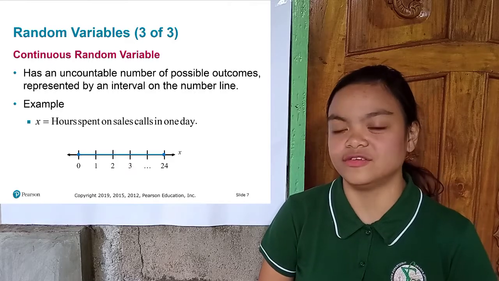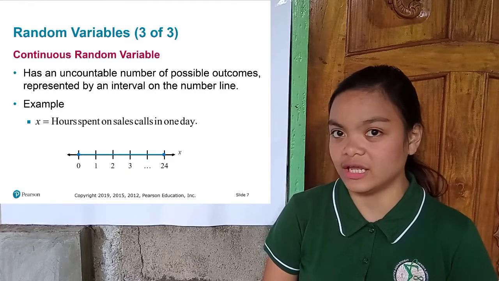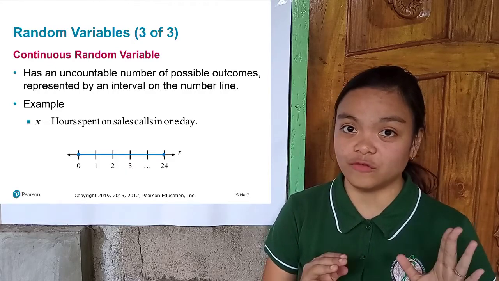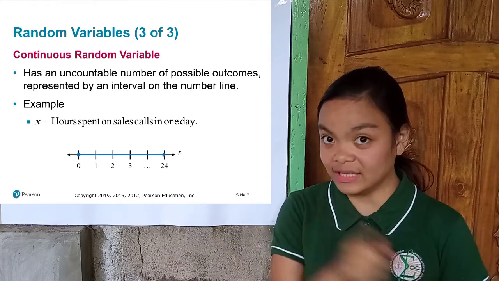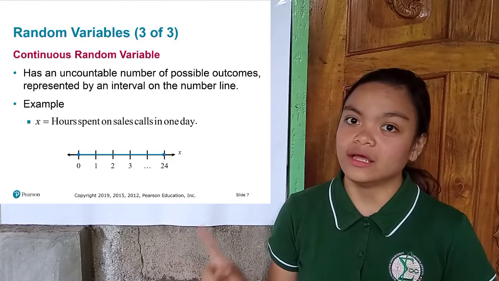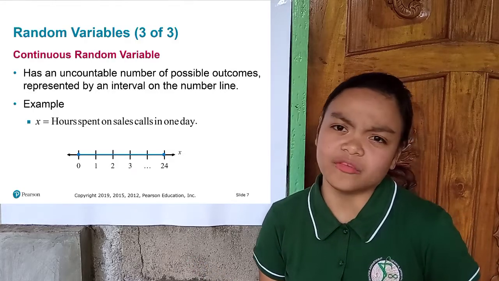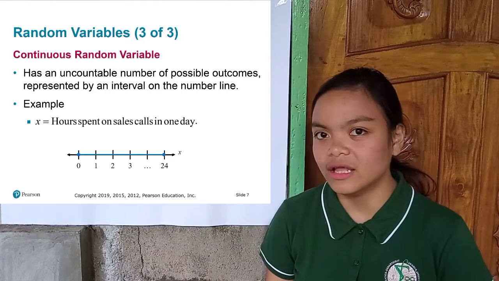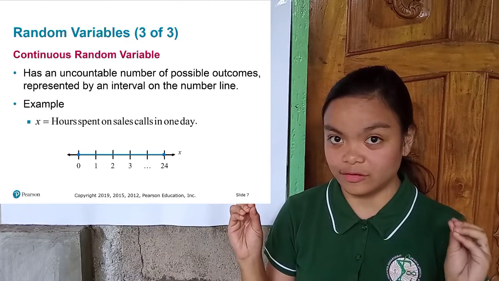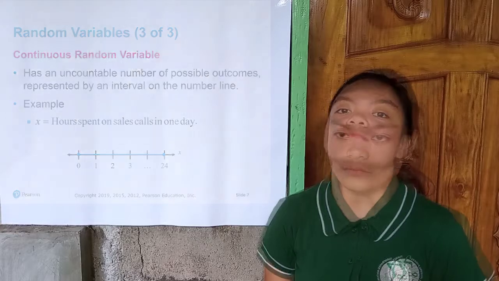The number of hours you spend on sales calls in a day can be in the interval between 0 to 24 hours. You can't count it. It is in this interval only. It can be either 2 hours spent, or 3 hours, or 24 hours, and so on. The interval is 0 to 24 hours.